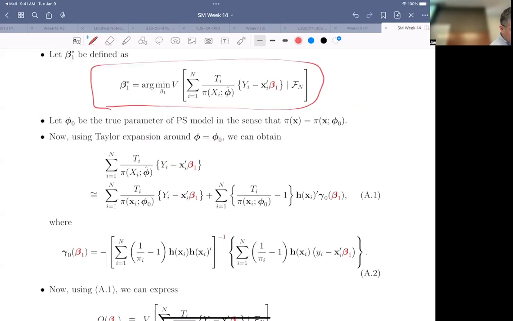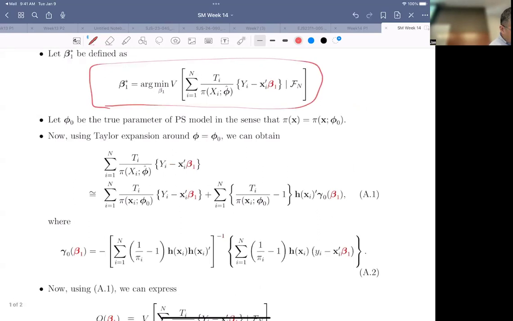It's tricky because your coefficient function is a function of beta. But you can do it in closed form.